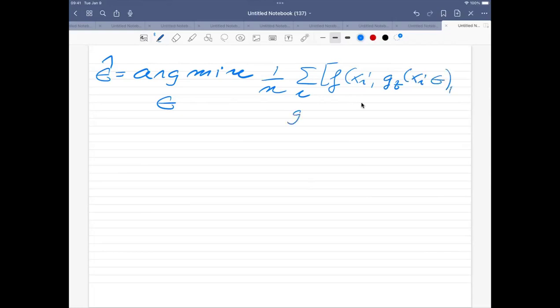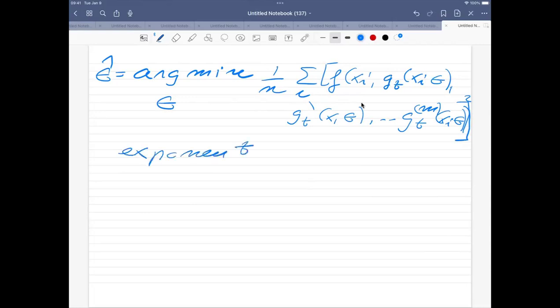I have the higher derivatives, g_t prime of x_i and theta, and this goes all the way up to the mth derivative of g_t of x_i and theta, and this is squared. So if I look at exponential decay, a simple example, which is the first example we're going to meet now.